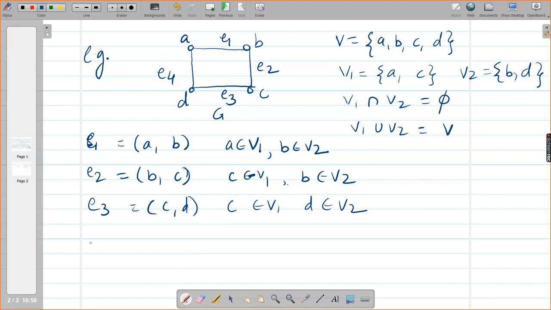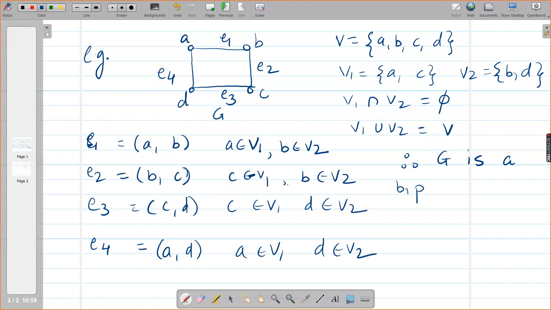One end vertex is in V1 and the other end vertex is in V2. E4, AD. So A belongs to V1 and D belongs to V2. So can you say G is a bipartite graph? Yes, ma'am. G is a bipartite graph.